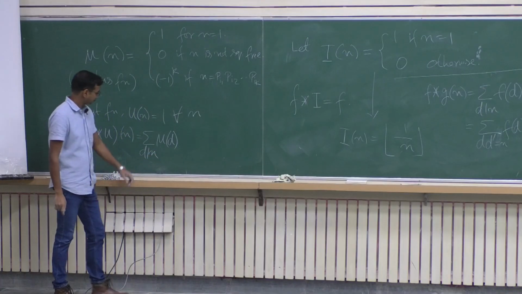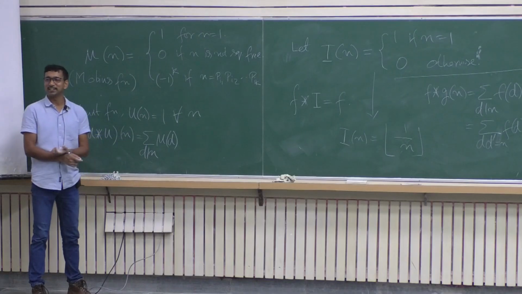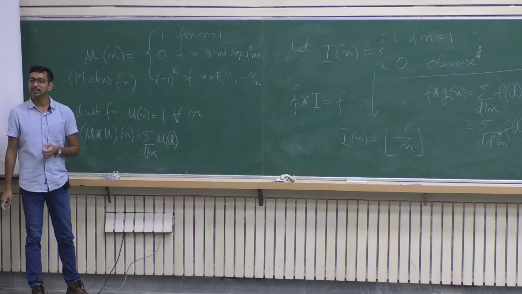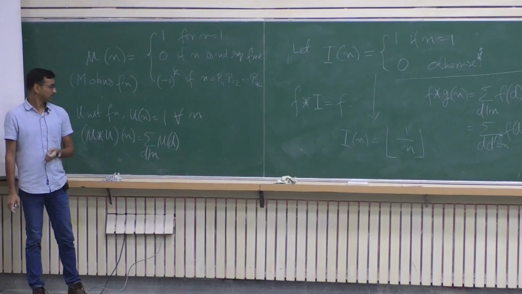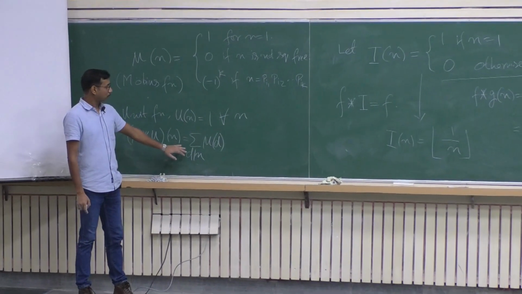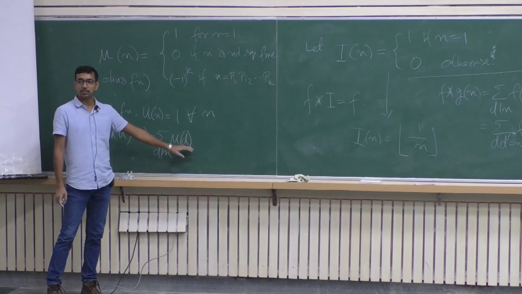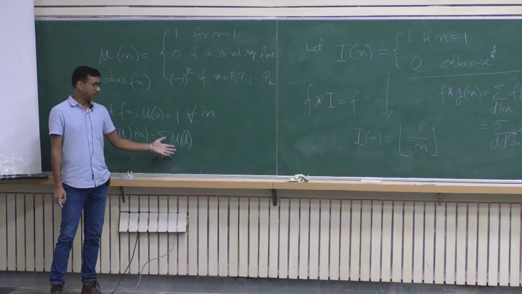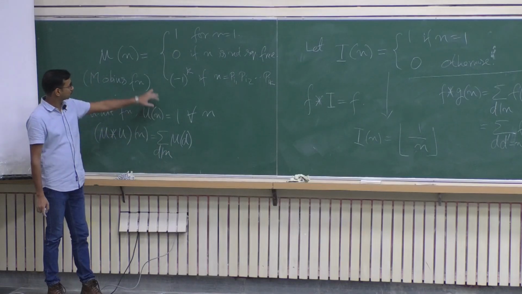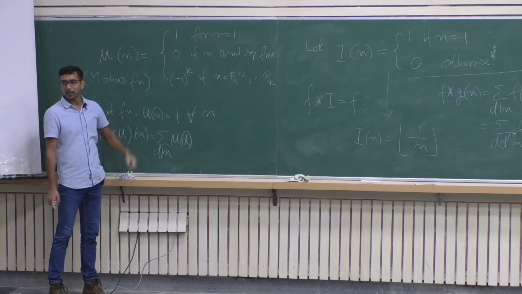Why is this the identity function? What you require is that it takes the value 0 for all n larger than 1. Otherwise, at 1 it's 1, it's obvious, because the sum is just mu of 1, which is equal to 1.